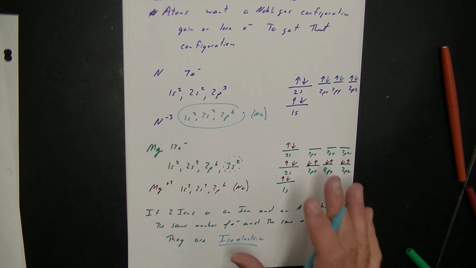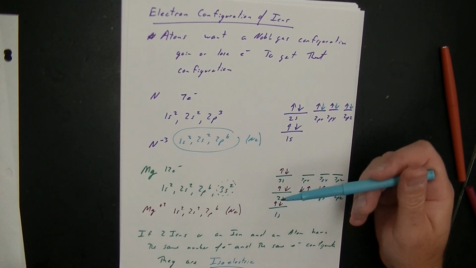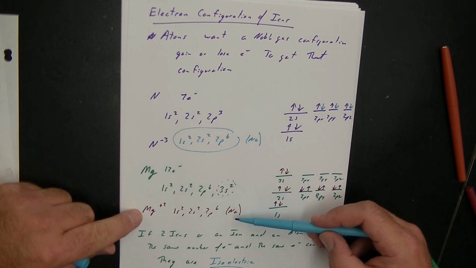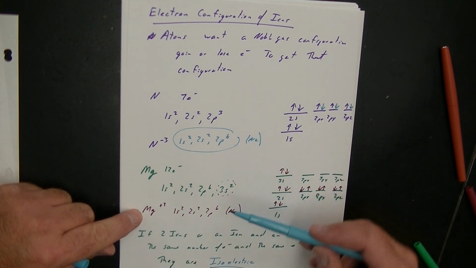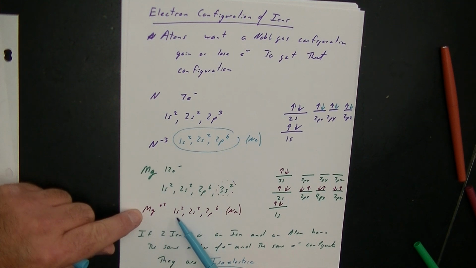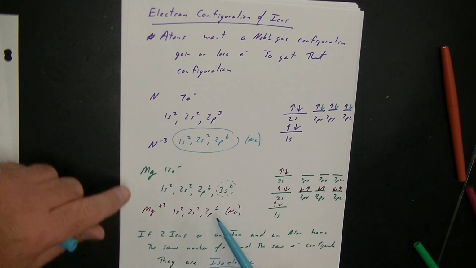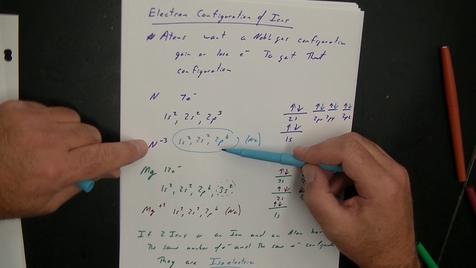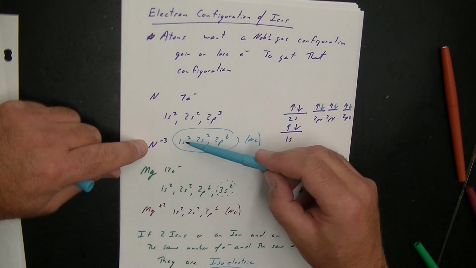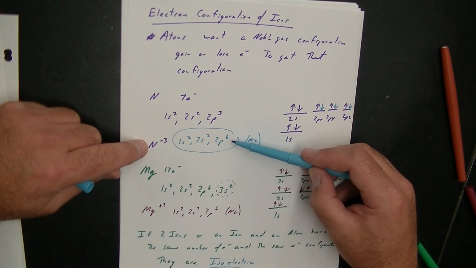They're isoelectronic. So if we look at these up here, an Mg+2 ion has an electron configuration of 1s2 2s2 2p6. A nitrogen -3 ion has the same exact electron configuration.